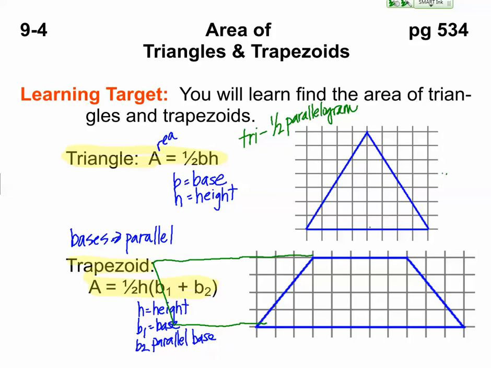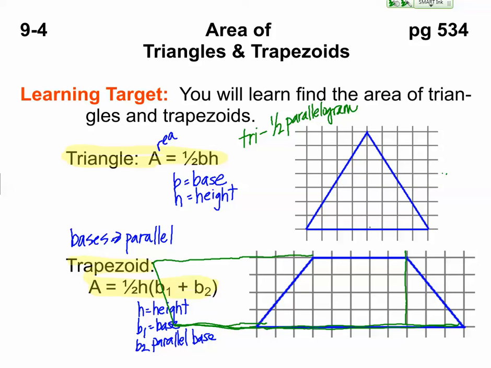And so when we look at this double shape, if I stop thinking about this half right now, I would take base 1 plus base 2, which will give me this big long super base, and I would multiply it by the height, and that would show us that formula we used for a parallelogram.